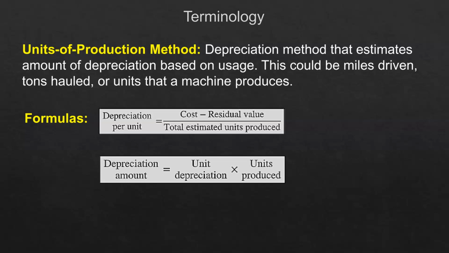Then to find the depreciation amount for the year, you take the amount per unit times the number of units produced. So if it's 20,000 miles, you're going to take that times the depreciation per mile, and that tells you how much depreciation you can take for that year.